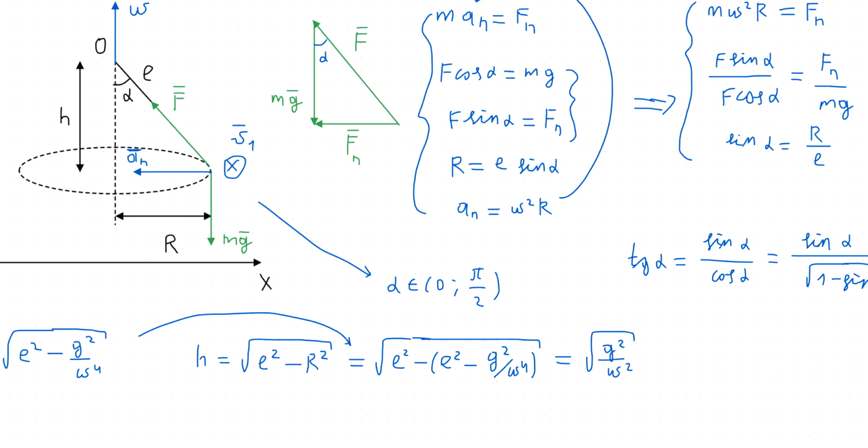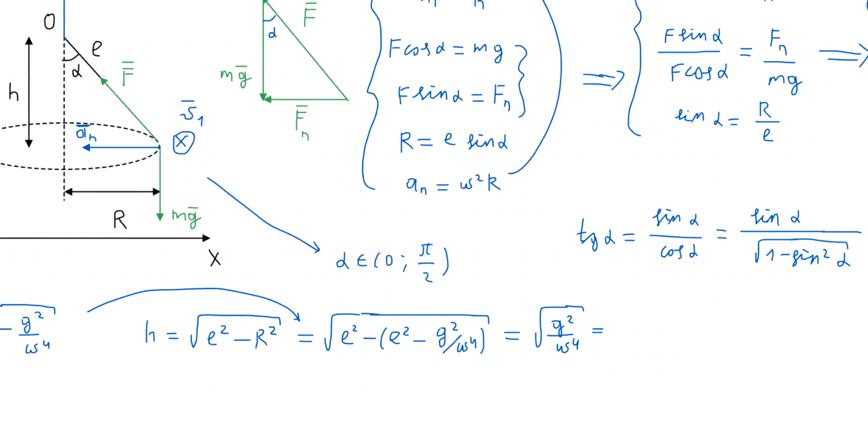Omega to the power of 4, not 2, it will be 4. And we can get this square root. It will be the absolute value of G divided by omega to the power of 2. And because this is positive, we can write it as G divided by omega to the power of 2.